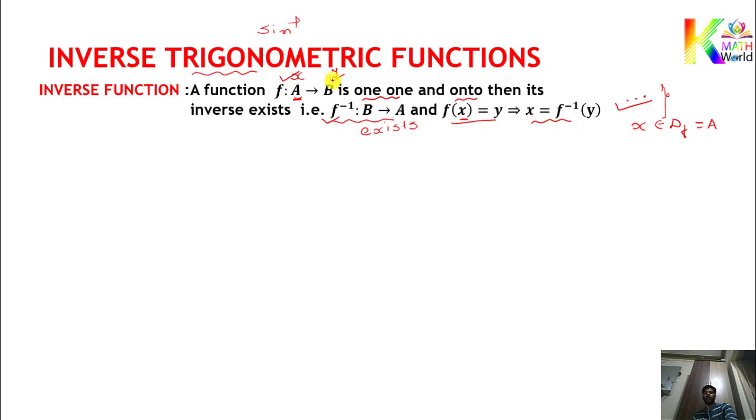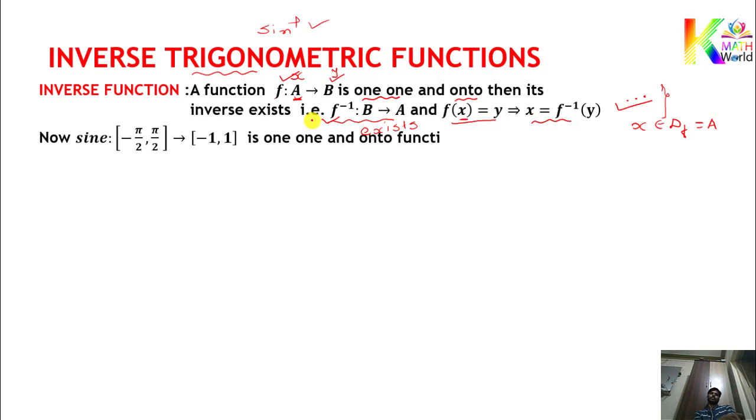We will consider the domain and codomain so that the inverse exists. So to define sine inverse, you firstly need f(x) like this. Before we go to f inverse, you need the function f. So firstly we define the sine function.